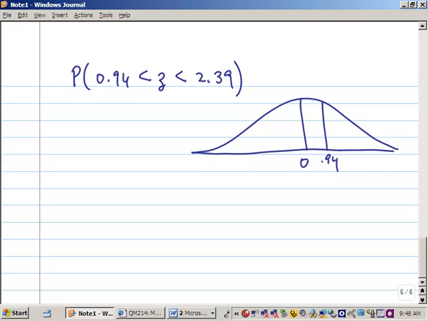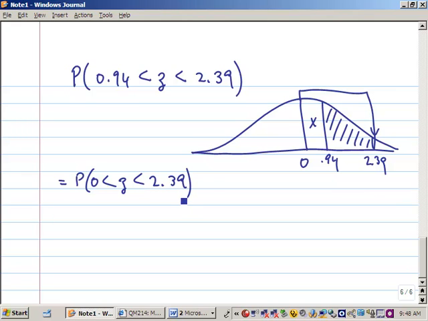Let's say 0.94 is there and 2.39 is here, and so the probability that we're looking for is between those two values. Alright, how do we do that? Well, you just do it the best you can, right? We can find from our tables the area from 0 to 2.39, and also the area from 0 to 0.94. Of course, the area from 0 to 2.39 is larger.